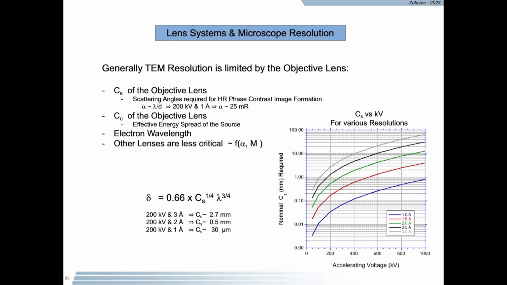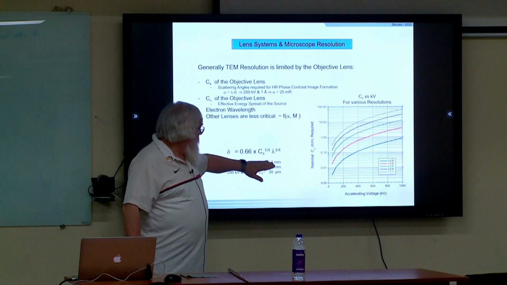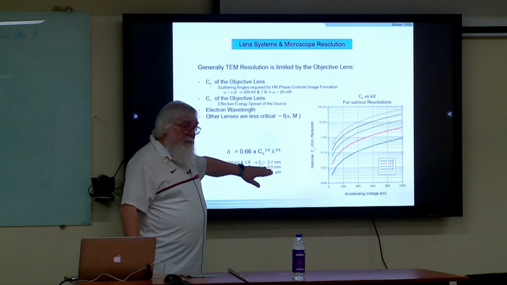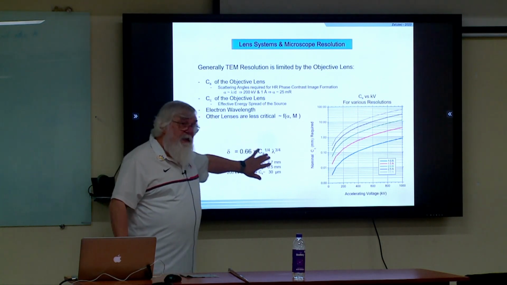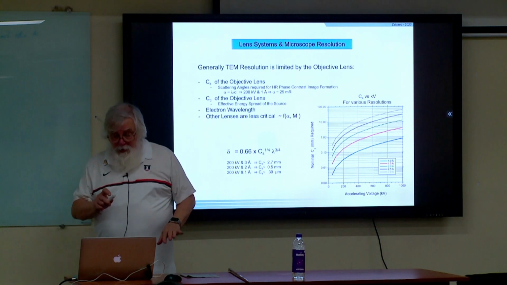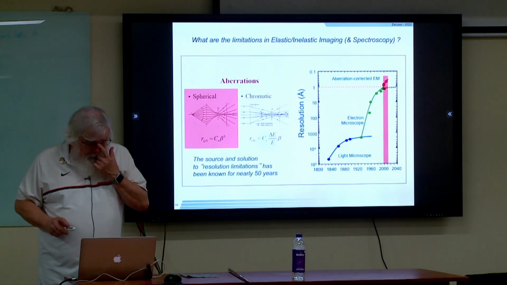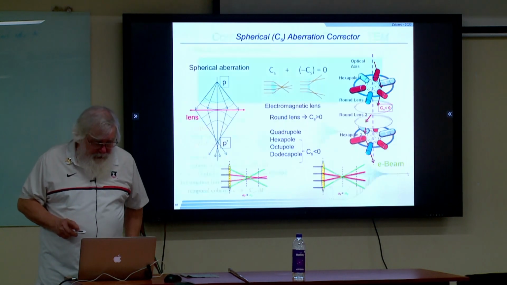But in order to get 1 angstrom, you really needed a really small CS, and that wasn't practical. It's only when we started to get CS very small, by using very small angles, that we started to get resolution limits in the angstrom or sub-angstrom regime. Okay, let's go forward now.